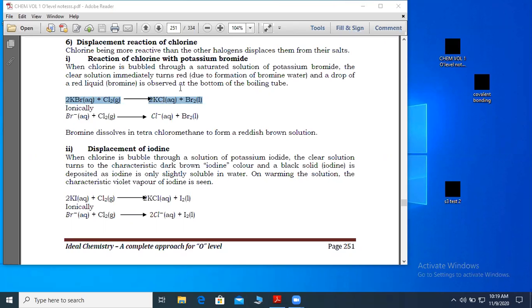That's why we said that the colorless solution will turn to red. What is red is bromine. What is colorless is potassium bromide and potassium chloride. But if you have a mixture of red and colorless, then the whole solution will become what? Red.